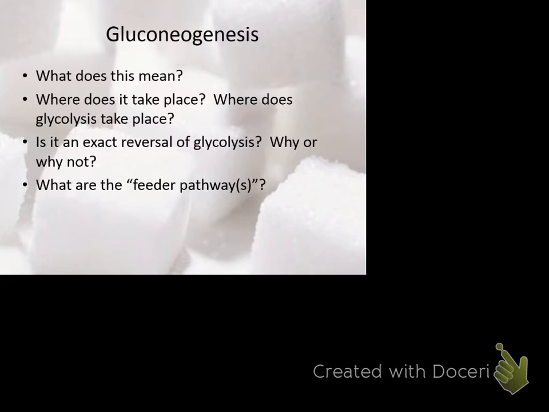Okay, and so if this is a mitochondria, what's this outermost part called? The outer membrane. Then what's this portion called? That's the inner membrane. And then what's this part of the mitochondria called?